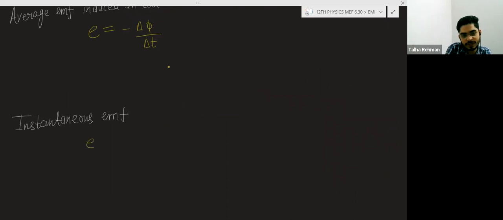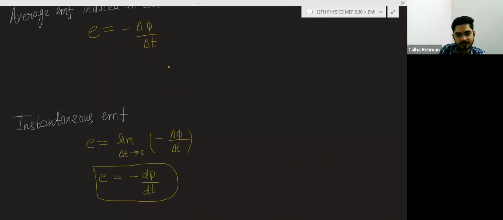For the induced EMF, you will write limit delta t tending to 0 of minus delta phi divided by delta t, and this can be written simply as minus d phi by dt. I have told you earlier that d phi represents a very small change in the flux, and dt is a very small change in time. d phi by dt, this is the differential form.